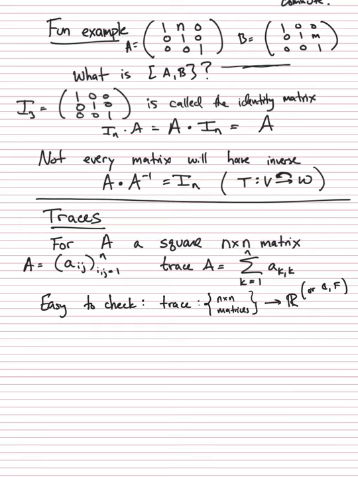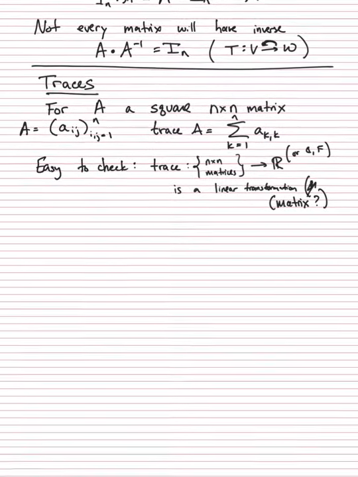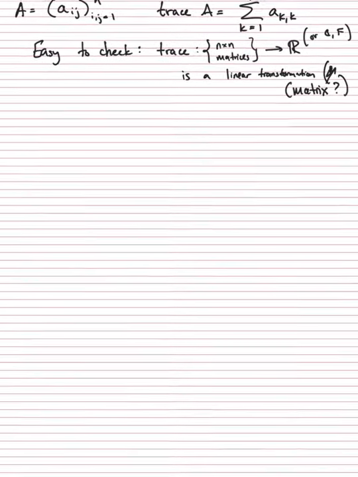And this is a linear transformation. You might ask, what's the matrix? Maybe this will be a good little exercise to do. Of course, there are standard bases for the space of matrices and for the real line.